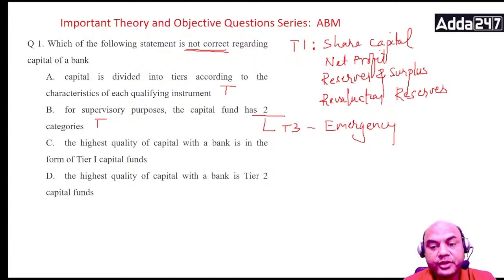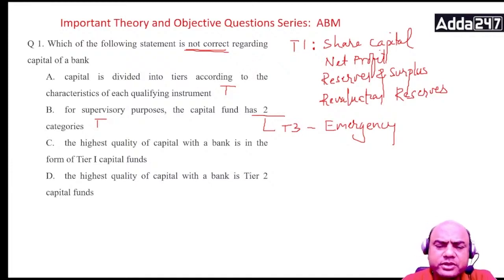So what is the correct answer now? The first two are true. Now the problem is only between the last two, and you want the false one. Which is the highest quality of capital, Tier 1 or Tier 2?